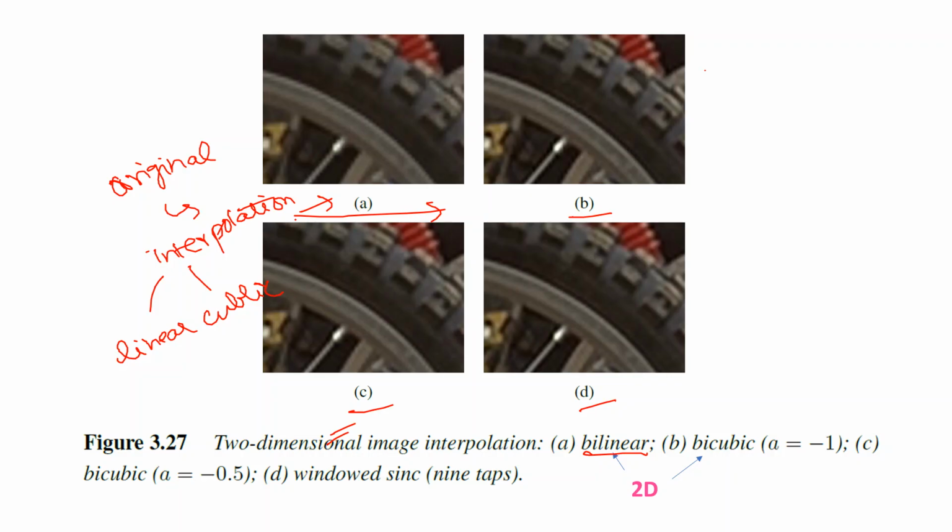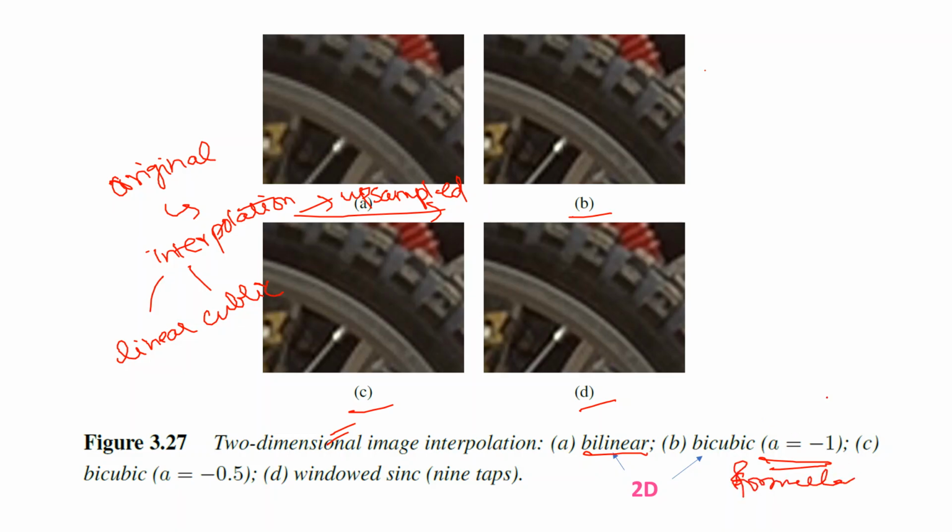So now let's see the results. The original image, on applying the interpolation, would be upsampled, right? The image will be increased. That is what we have seen previously. A represents the linear one, bicubic represents A equal to minus 1, and it has a certain formula. I'll show that formula in an upcoming slide too.